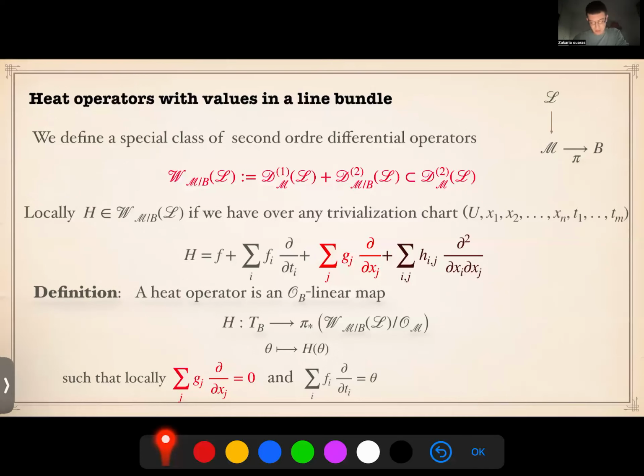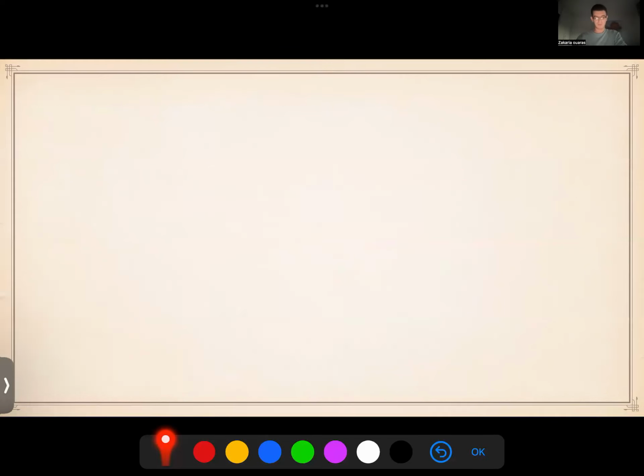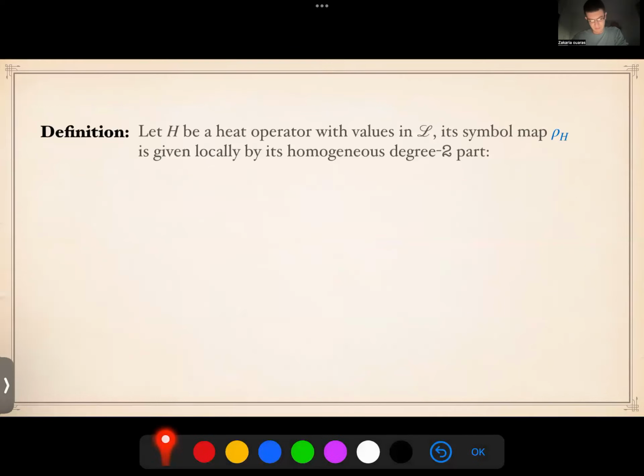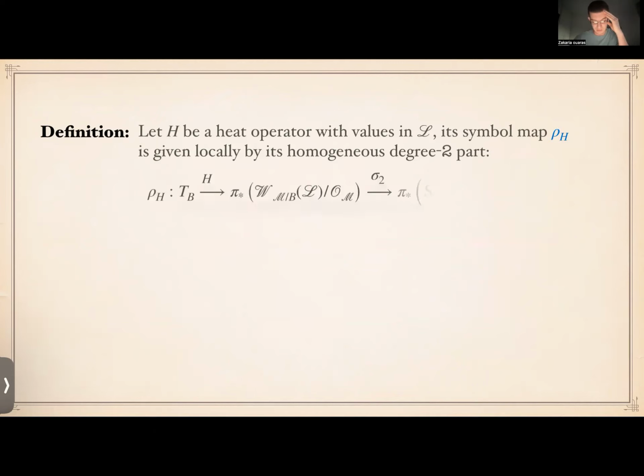So you can imagine this definition by analogy with the standard differential operators in analysis. Why are we interested in this? If you have a heat operator, we can construct what we call the symbol map, which associates to a heat operator its homogeneous degree 2 part.